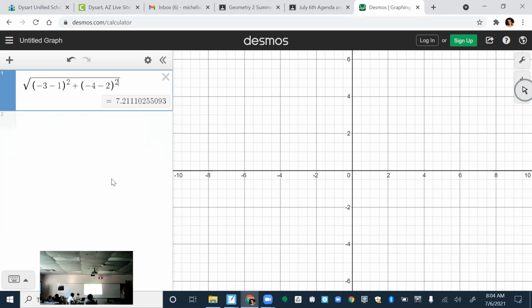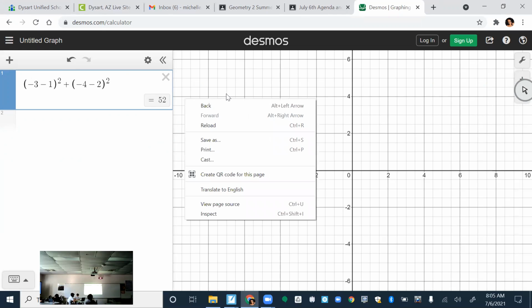All right, so if you're looking at your answers A, B, C, and D, and you're not seeing a decimal, all you have to do is erase the square root symbol. So if I erase the square root symbol, I see what this number should have been before I took the square root of it.